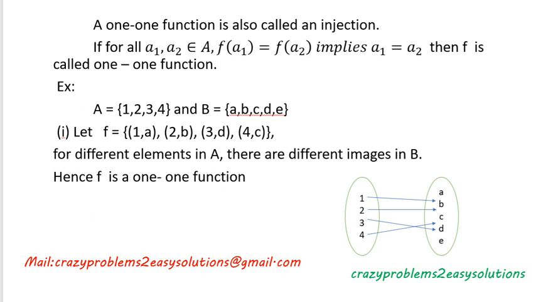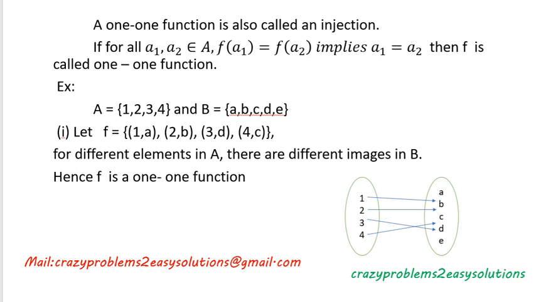Look at the mapping figure. Set A is 1, 2, 3, 4 and set B is a, b, c, d, e. The function maps 1 to a, 2 to b, 3 to d and 4 to c.